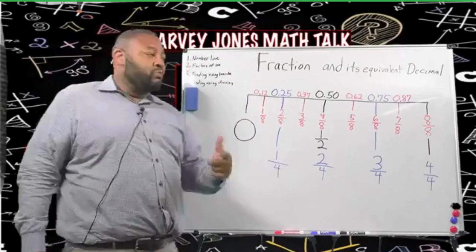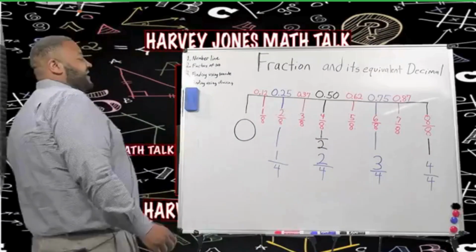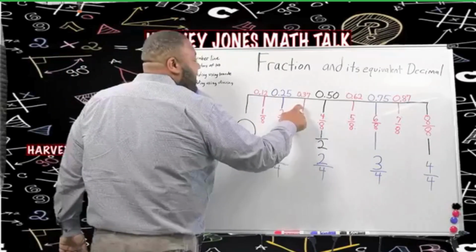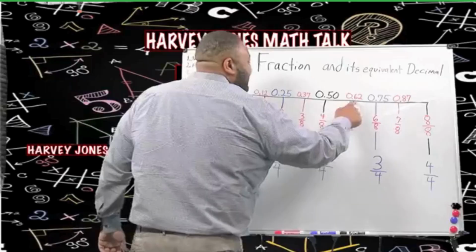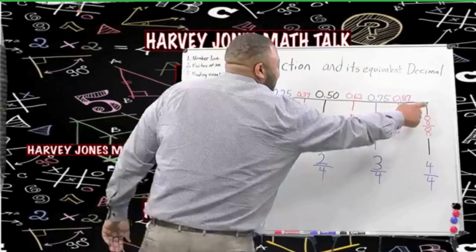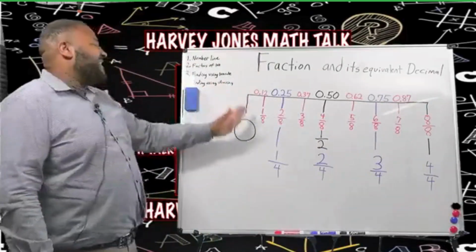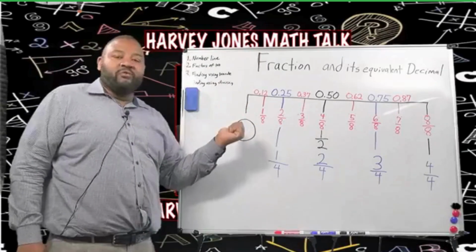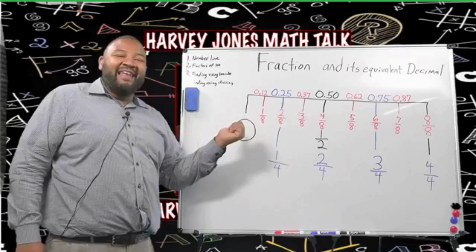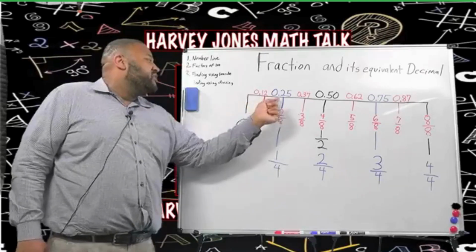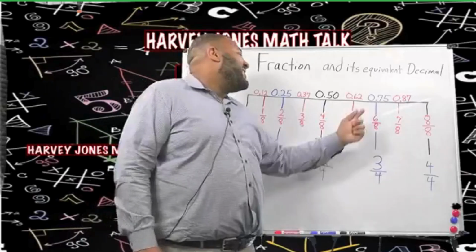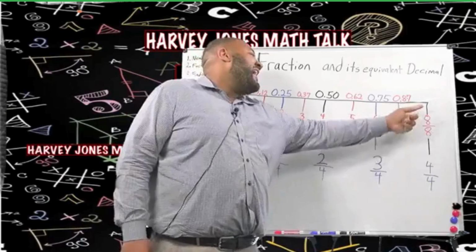If you go back to the ruler, I count 1, 2, 3, 4, 5, 6, 7, 8. I did not count the 0 line. I counted every line after the 0, and I got a total of 8 lines.